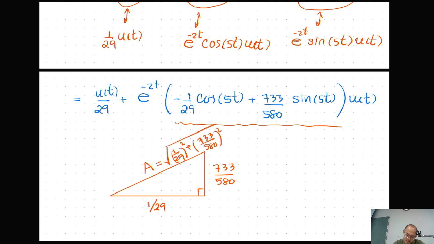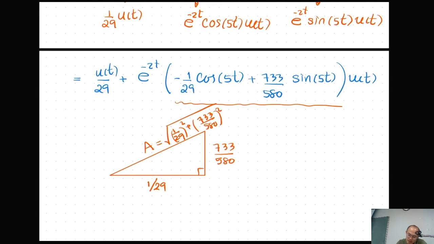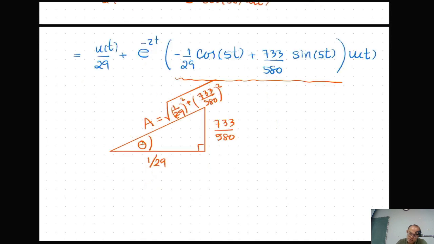This is A. Let's not try to find the numbers there, let's just call it A. And this is theta. So once I draw this triangle, I could take A out.